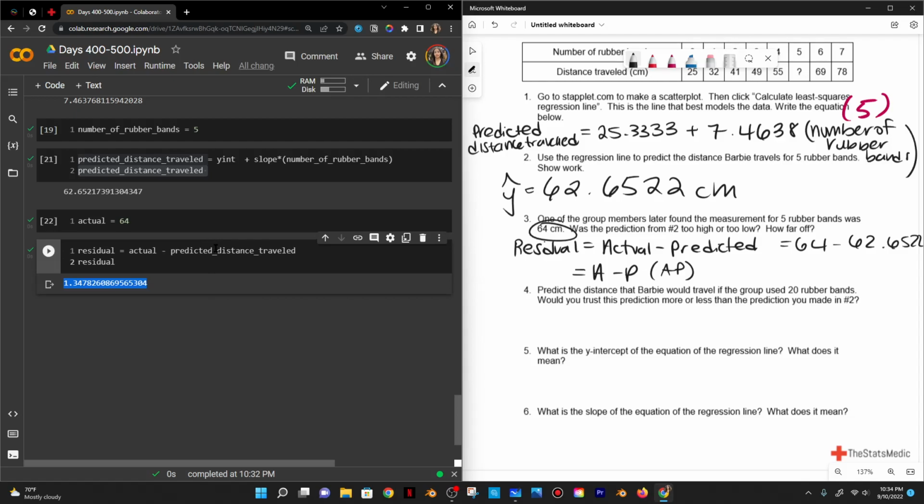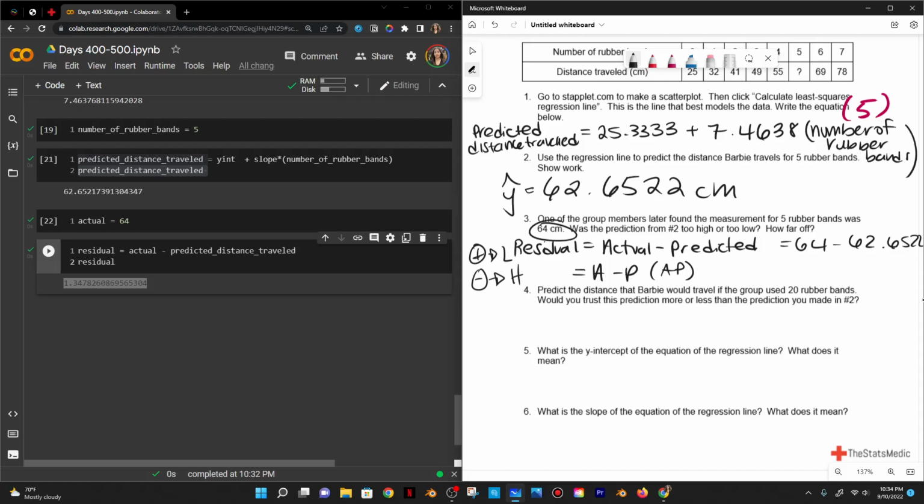So in this case, that residual indicates that my predicted value was actually too low, right? Because obviously 64 is higher than 62.65. So a little thing to remember: if your residual is positive, that means your predicted value was too low. And if your residual is negative, that means your predicted value was high, right?